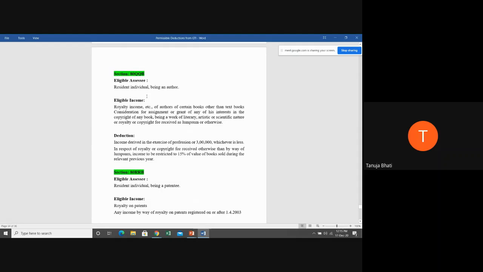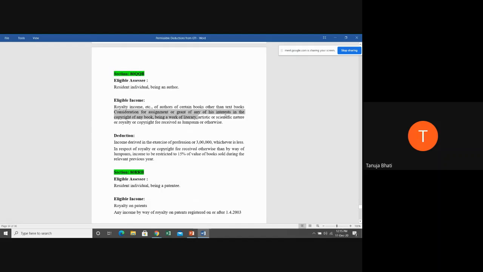On what is the deduction given? On the royalty income, etc., of authors of certain books other than textbooks. So if he is receiving royalty income on a book that he has written, other than textbooks, he is going to get a deduction.